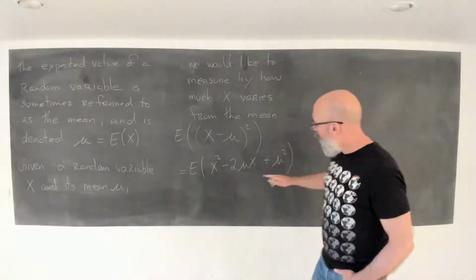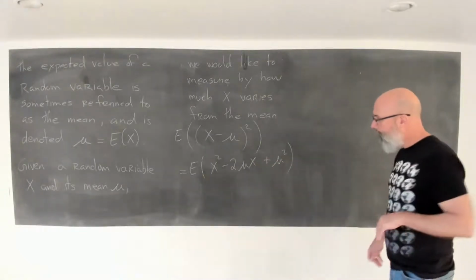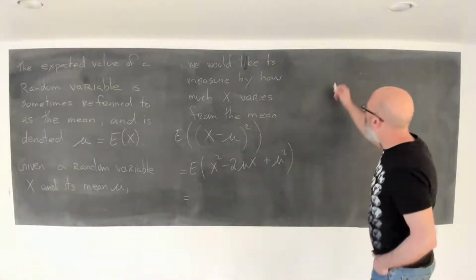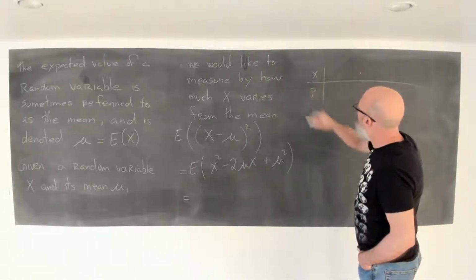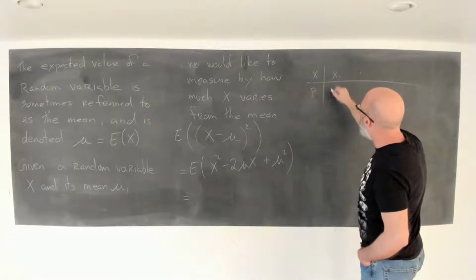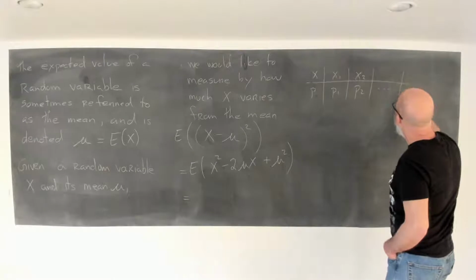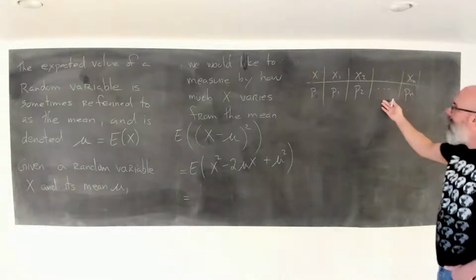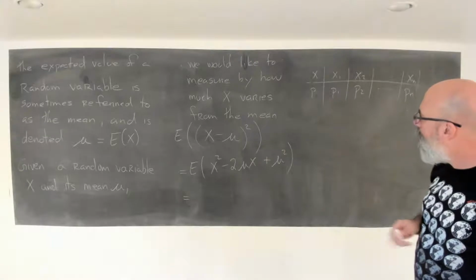And what is this? Well, this is this expression times all the probabilities, right? If you have a probability distribution, so the values a random variable takes on along with the probabilities, this takes on x1 with probability p1, x2 with probability p2, and so on all the way to xn with probability pn. And if you have a probability distribution for your random variable, what is this?